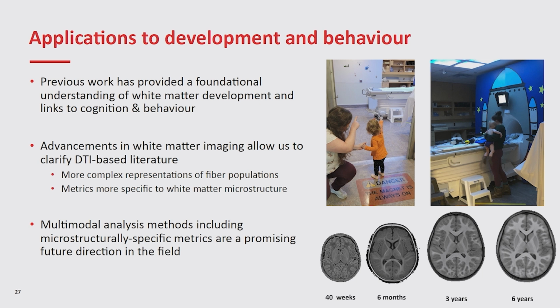But if we have additional metrics sensitive to those properties and put them into a PCA, it would make sense for FA and MD to separate into different components because they're sensitive to different features. So there's a lot of overlap between FA and MD in terms of microstructural sensitivities, but they are slightly different, and seeing that play out in a component analysis, like the example I gave today, makes sense as well. So I would say both can be true at once.